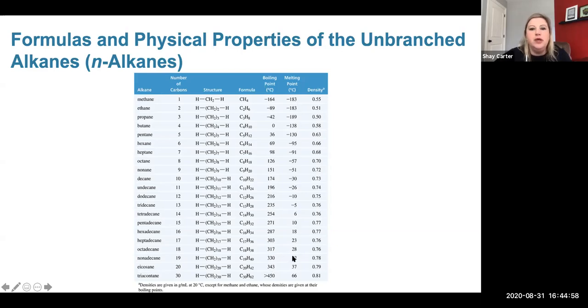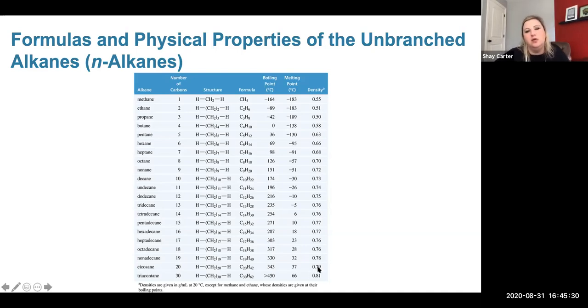Now, our melting point is a little bit more complicated than that, but you can see it does follow that same pattern. But there are other factors with melting point that we're going to talk about. As far as density goes, density does increase slightly as chain length increases. So everything goes up as chain length goes up. Boiling point goes up, melting point goes up, density goes up as our chain length increases. So that's pretty easy to remember.